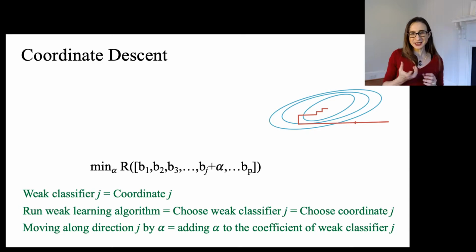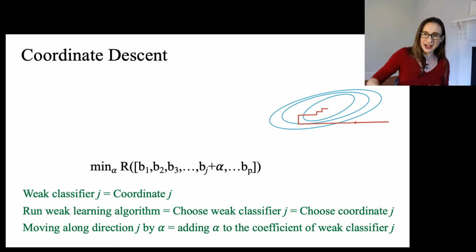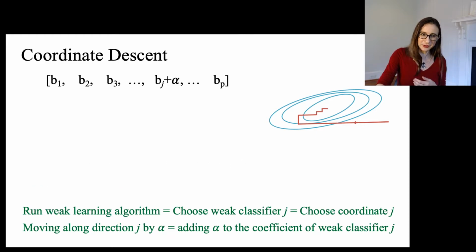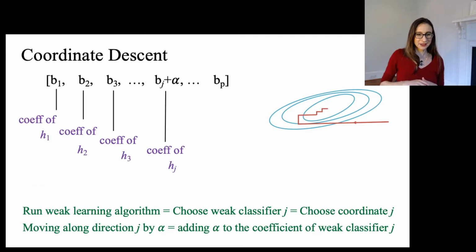And so when we're updating coefficient J by alpha, that means that we're adding alpha to the Jth coefficient for the final combined classifier. Okay, so I should mention that I overload notation where index t means iteration number, and then index J means, okay, if I wrote all the decision trees out, it's decision tree J, right?